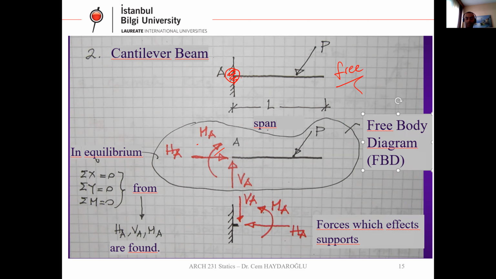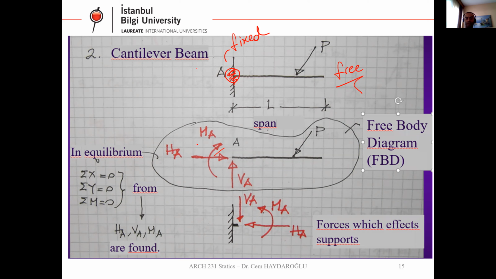This is free. This part is fixed. Here we have a load P, as you can see, which is an inclined force. And in the midsection, we are drawing the free body diagram.